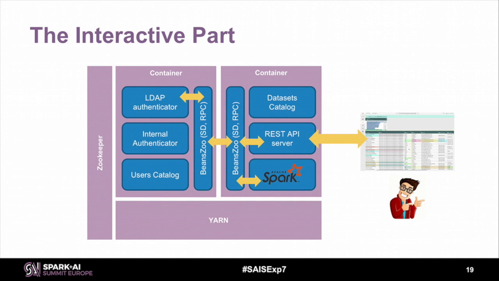Now, from the UI, when you start interacting with the data, that REST API server invokes another service, which is the Spark executor, the Spark microservice, to launch interactively the processing of the data. So this allows us to have a very interactive way of accessing the data, crunching the data, and letting the user test on the real data on the cluster itself.